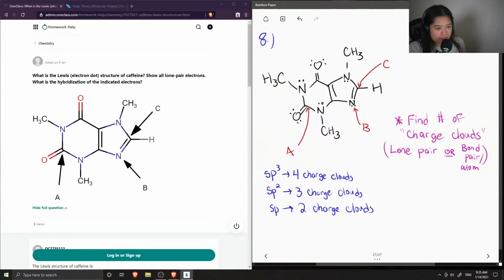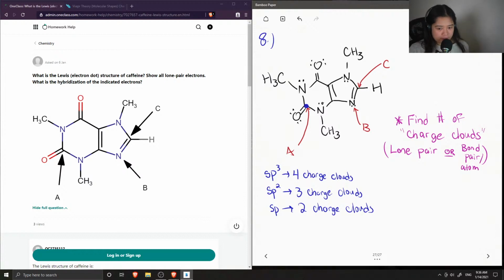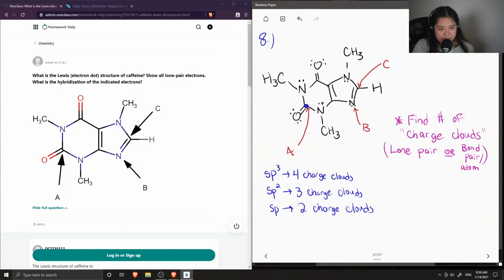Okay, so now let's look at the atoms that they give us. So carbon is like right here. So if we count out its number of charge clouds, there are no lone pairs on this carbon, but it is bonded to 3 other atoms. So therefore, this is going to be sp2.